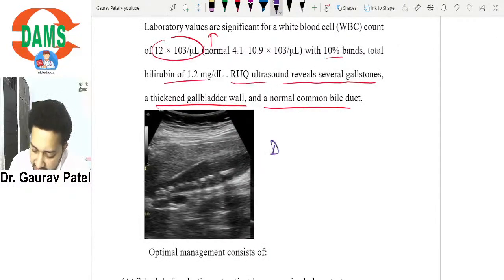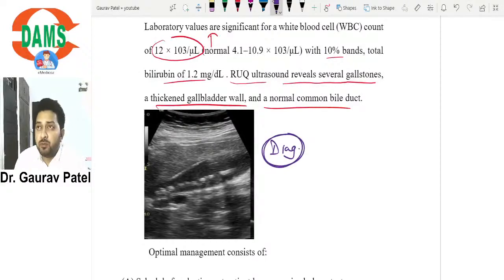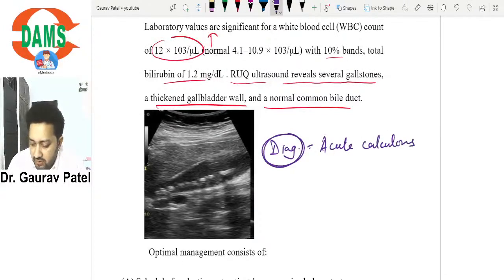Tell me the diagnosis quickly. What is the diagnosis? WBCs are high, there are several gallstones and a thick gallbladder wall. CBD is normal. So this is acute calculus cholecystitis.